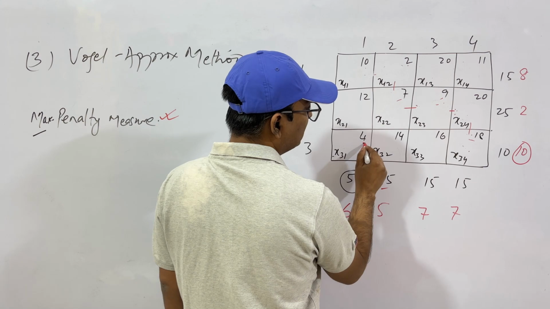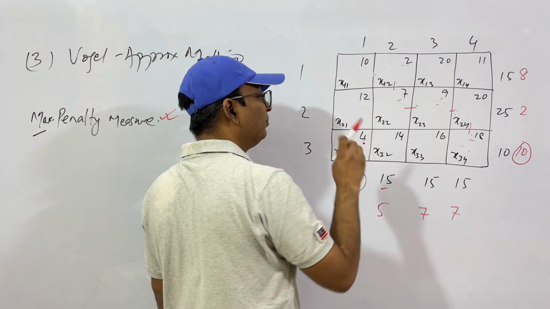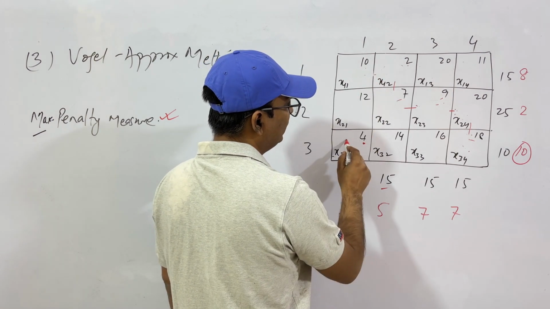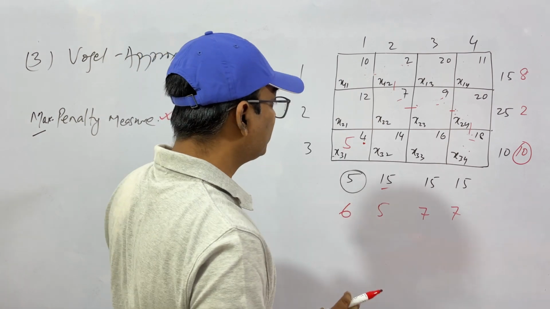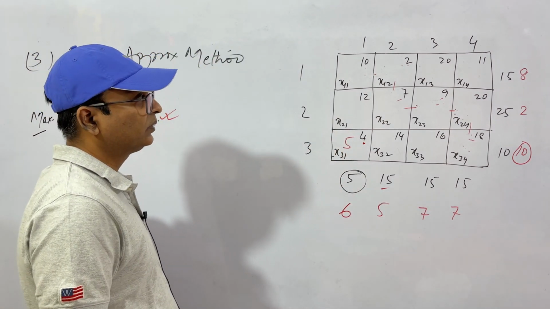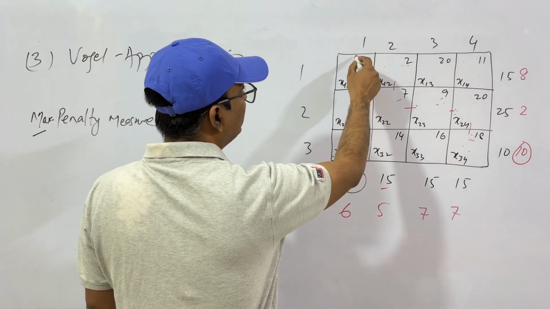You can see this cell has the lowest per unit cost. So we will select this cell and allocate the maximum which is in demand. The demand is 5 only for this unit, so we'll allocate 5 because our supply is able to supply 5 units. So using the Vogel approximation method, we have given the value of the first one. Now, is the demand complete for this? Yes. Since the demand is complete, what do we do?